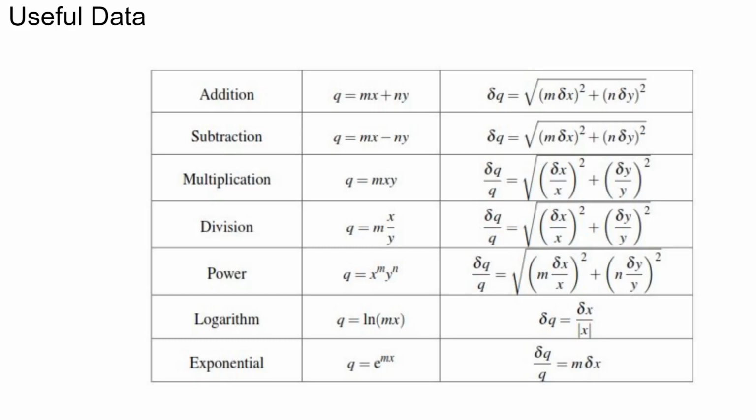For example, mx plus ny. This measurement depends on x and y values. So, the percentage uncertainty is the square root of m into the derivative of this expression with respect to x, whole square, plus n into the derivative with respect to y, whole square. So, using this information, let us solve the problem.